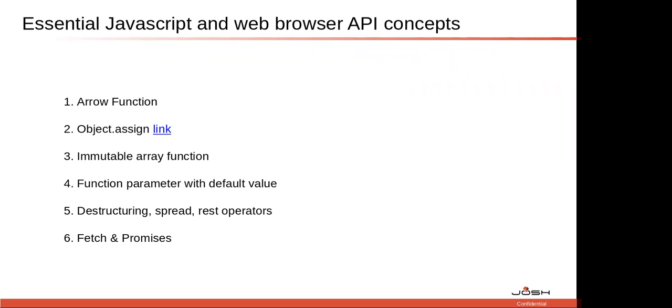Then destructuring, you know destructuring. Yes, we are aware of that. Okay. Then spread, rest, and fetch and promises. Fetch and promises, you might know, I guess, for getting the data from the server, right?